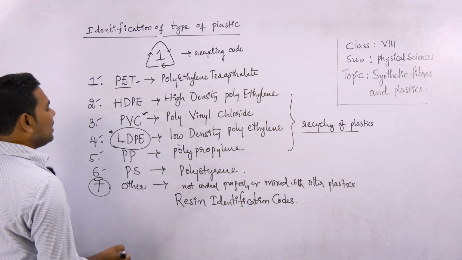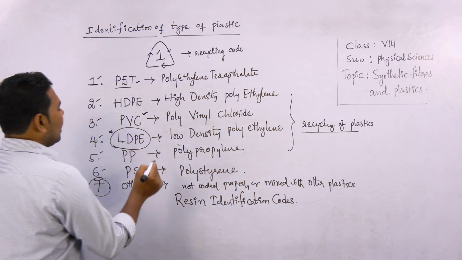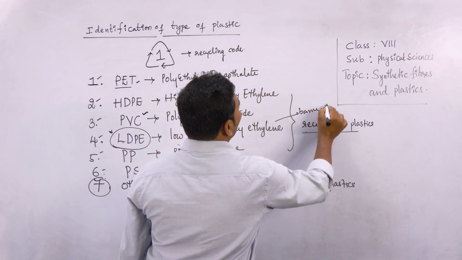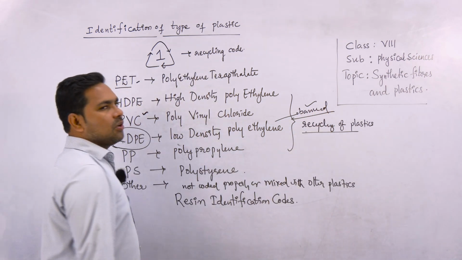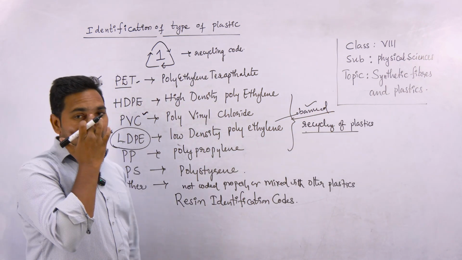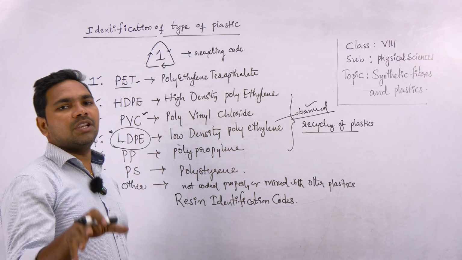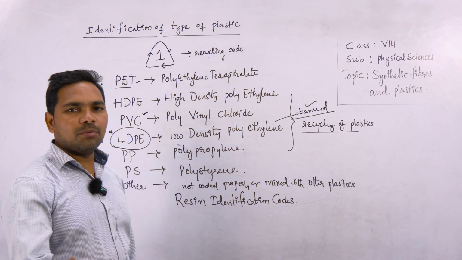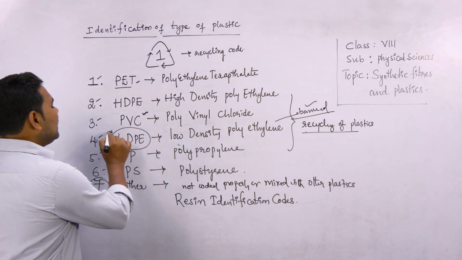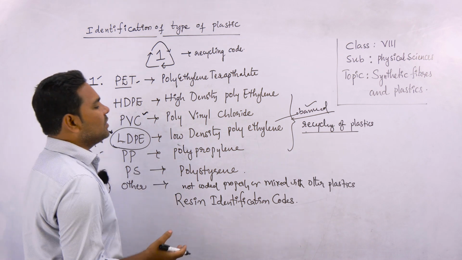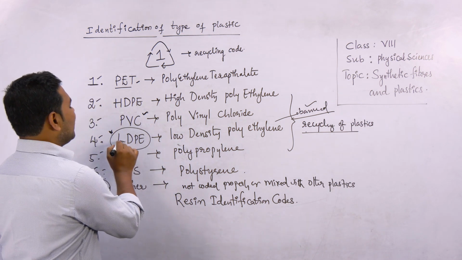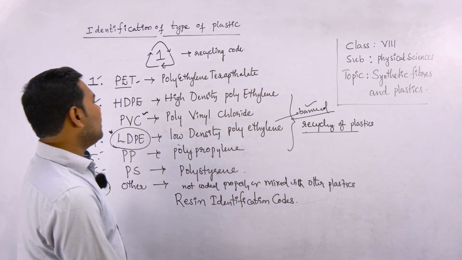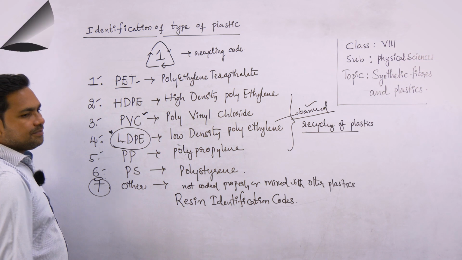These ultra thin carry bags, which are made of LDPE, are actually banned by the Indian government. Why are they banned? Because this low density polyethylene doesn't decompose into the earth. It creates earth pollution, soil pollution. Since it takes a very long time for decomposition, LDPE type of plastic is banned from being used for making carry bags and all.